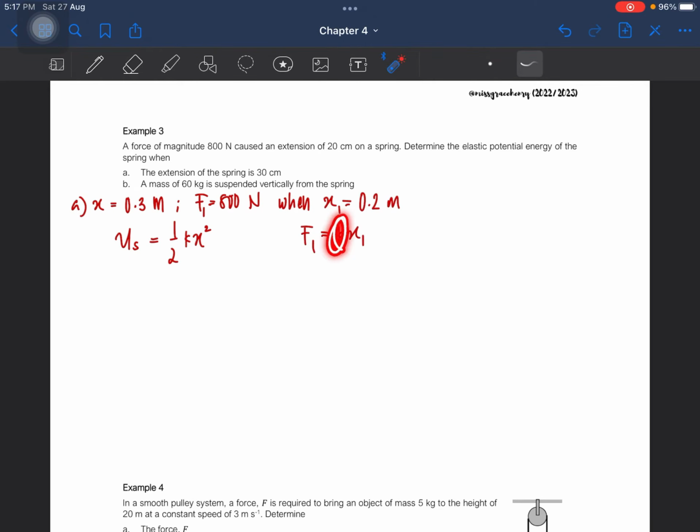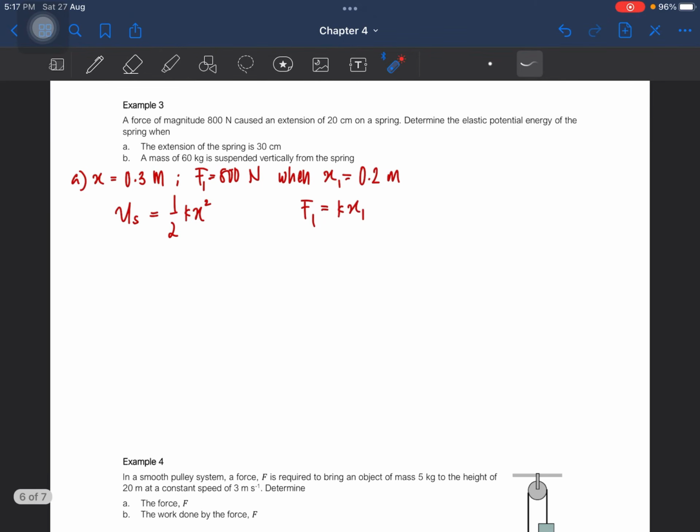Okay, so k is a constant. Dia akan constant. Kiranya apa-apa variable pun, nilai k ni akan sentiasa sama untuk apa-apa situation pun. Okay, so k is equal to F1 over x1. So F is equal to 800 Newton over the extension which is 0.2 meter. So dapatlah nilai 4 times 10 to the power of 3 Newton per meter.